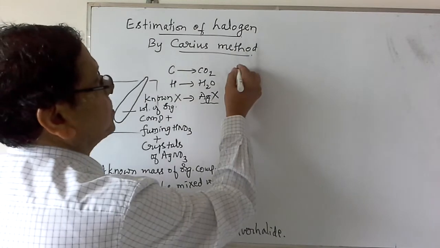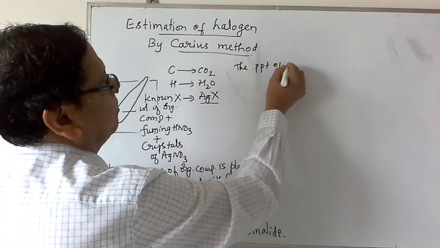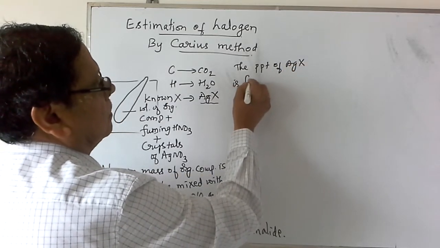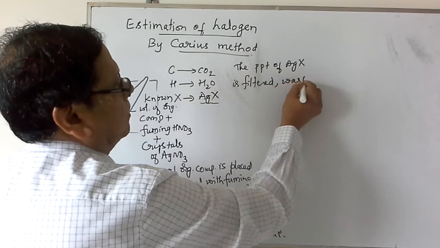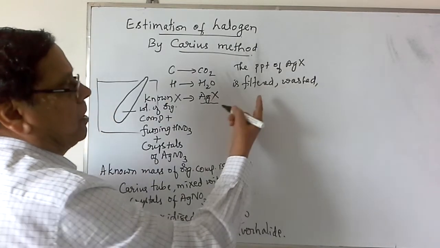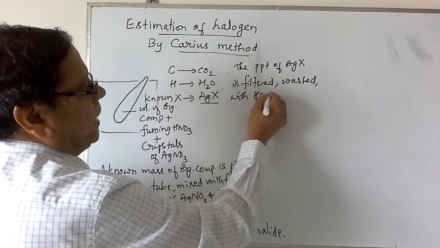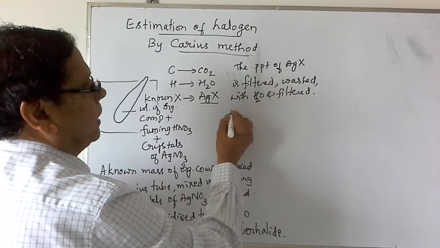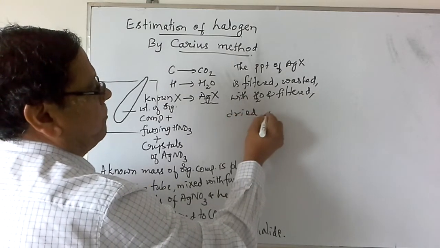The precipitate of silver halide is filtered, washed with water and again filtered, dried and weighed.